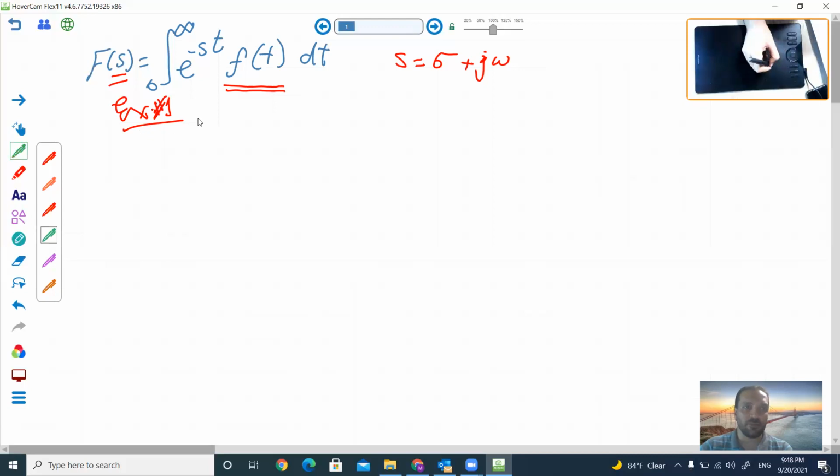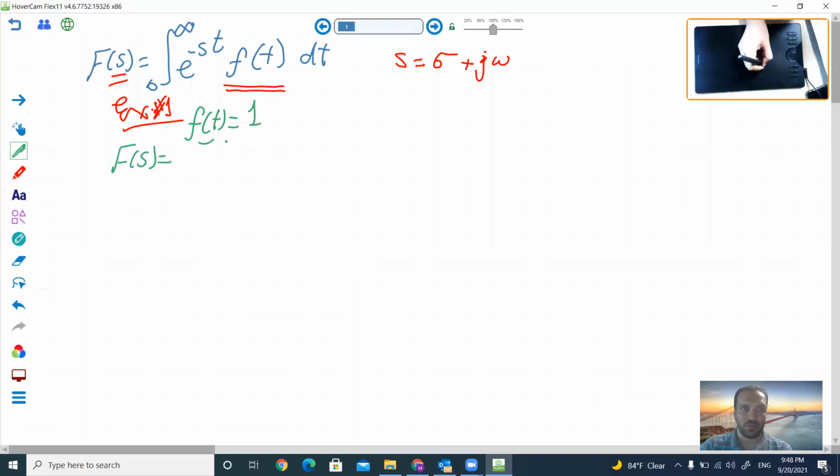Let's have f of t equal 1. So applying this definition to the current function, F of s equals the Laplace transform of f of t, which is 1. This is the symbol for Laplace.